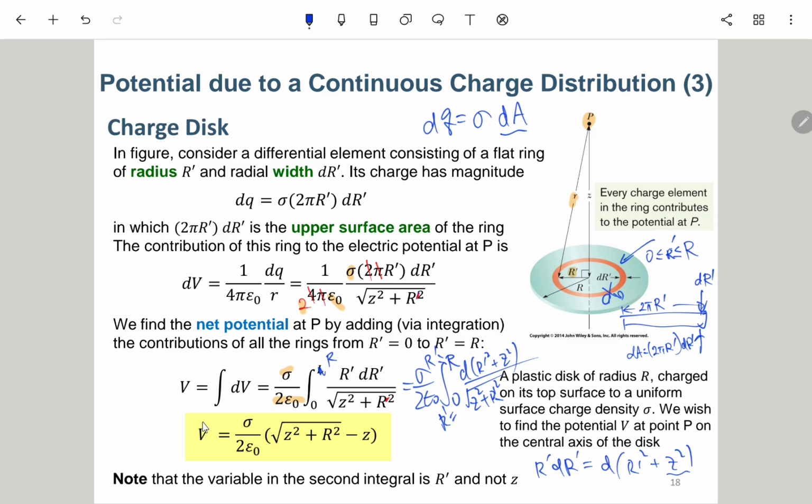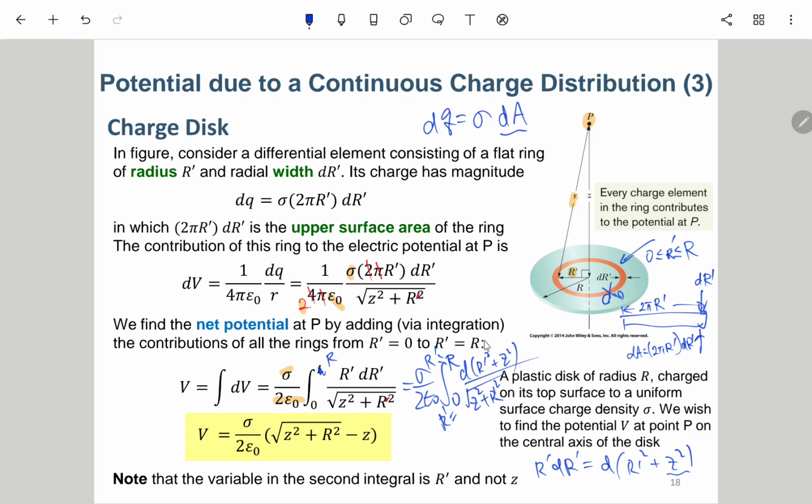Okay, and then this is actually the solution, the closed form expression of this potential along this z-axis. So note that the variable in the second integral is R prime and not z. If you are not familiar with the integration, when you just look at it, you sometimes may be confused about which variable to integrate, but actually this is the R prime.